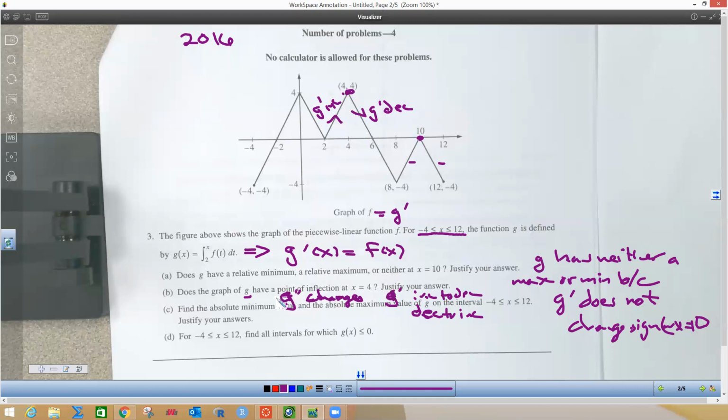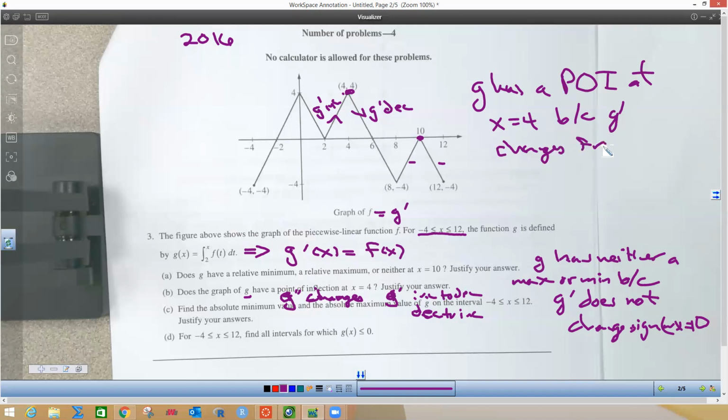So the answer to this question is: G has a poi, and you can abbreviate point of inflection by poi, at x equals 4 because G prime changes from increasing to decreasing at x equals 4.